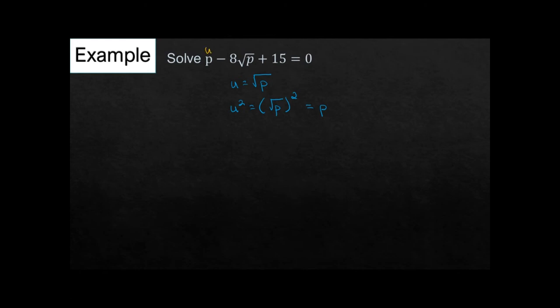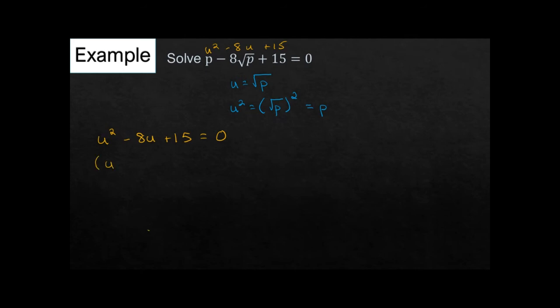So we get u squared minus 8u plus 15 when we do that substitution. So u squared minus 8u plus 15 equals 0. Again, these are designed so that they factor to make our lives easier.